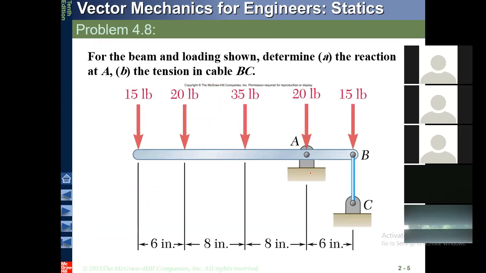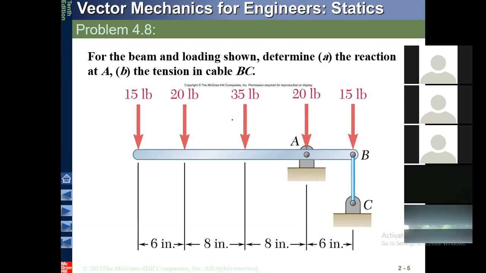So let's solve an example for a beam with 5 forces acting on it, and you have 2 supports, a pin support at A, and you have also a cable here, so you have a tension cable BC.